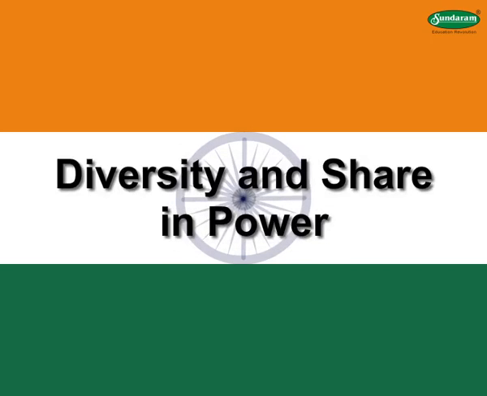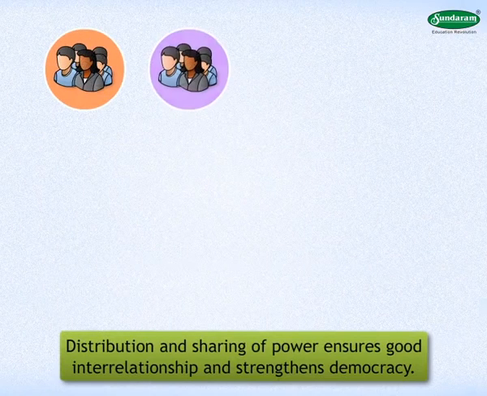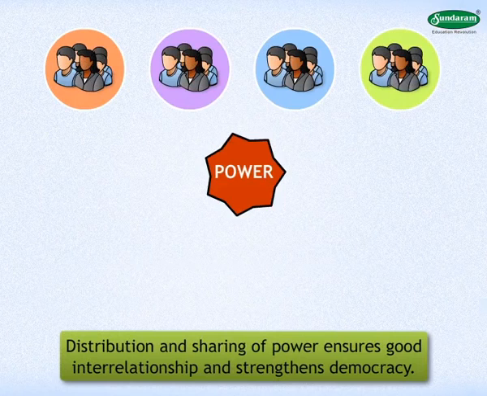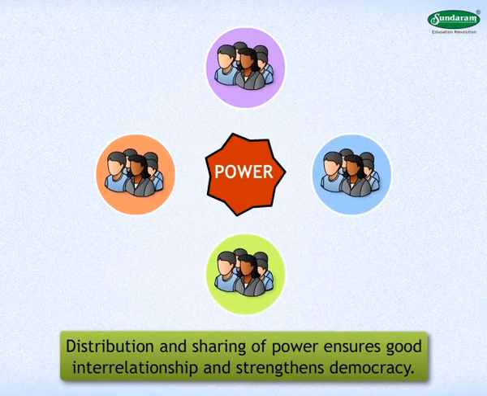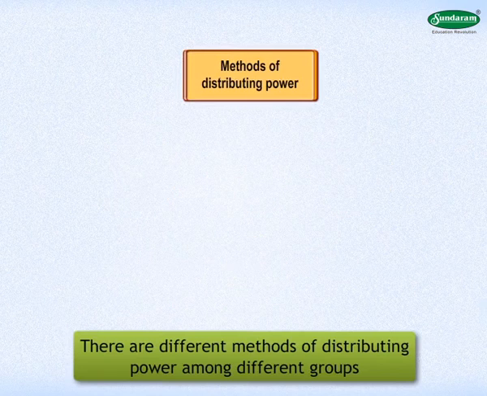Diversity and share in power. When different groups aspire for power, distribution of power correctly among them becomes important, as sharing of power ensures good interrelationship and strengthens democracy. There are different methods of distributing power among different groups based on the situation in the country concerned.